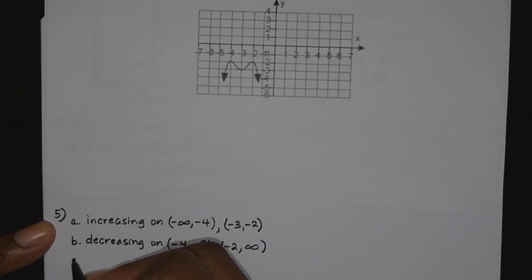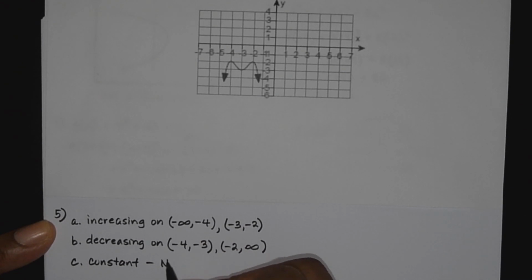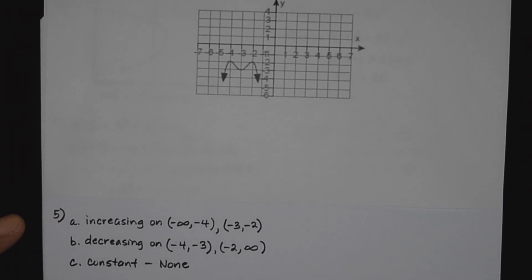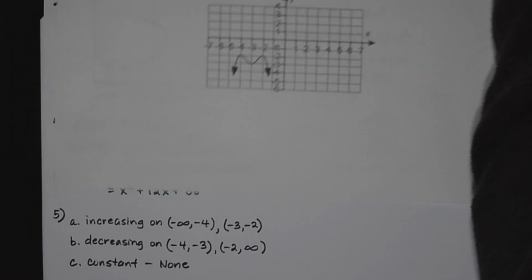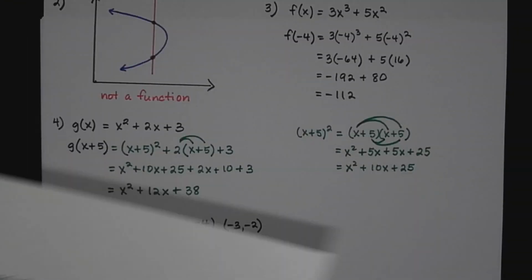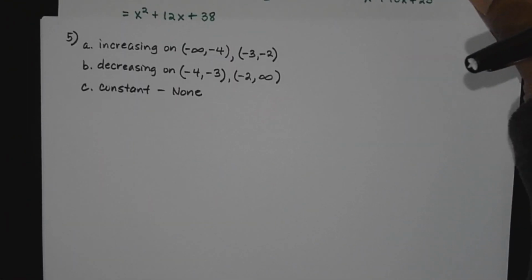So in part C, you can just say none. Questions on number 5? Number 6 is on the next page.